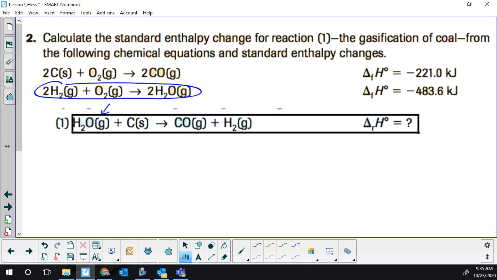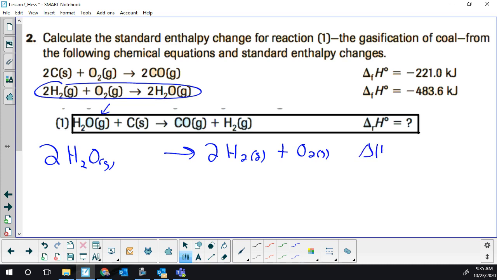I'm going to flip it. 2 H2O gas produces 2 hydrogen gas molecules plus 1 oxygen gas. I flipped it. That's the bottom one, so that's now positive 483.6 kilojoules.